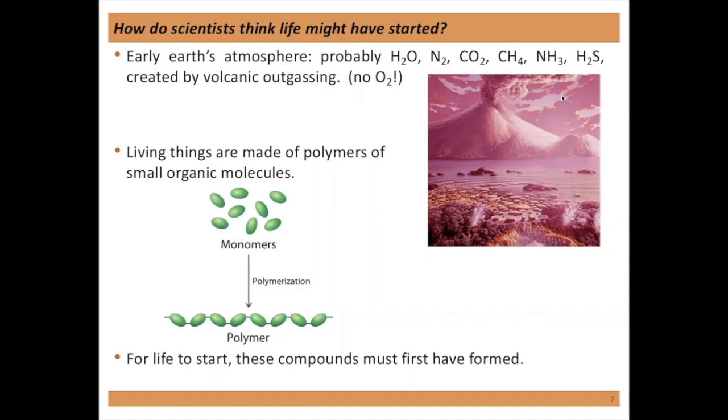It was thought that there's not much O2 out there. O2 eventually became abundant due to plant life, which we'll talk about later. But somehow we got to get from these small molecules, these gases, and get to larger molecules, because we know that living things are made out of polymers.